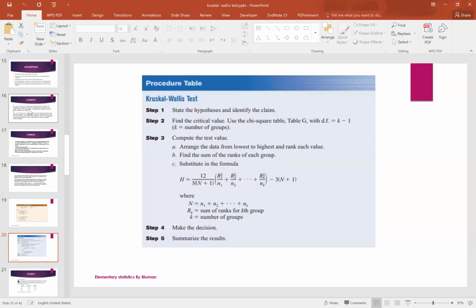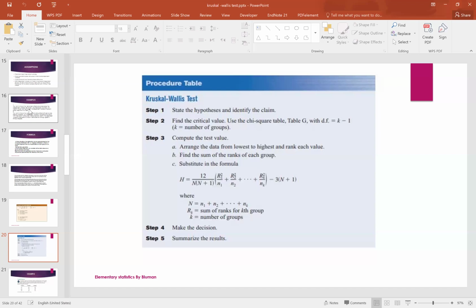Kruskal-Wallis test procedure. Step 1, state the hypotheses and identify the claim. In step 2, find the critical value, using the chi-square table G with degrees of freedom equal to k minus 1, where k is equal to the number of groups. In step 3, compute the test value.